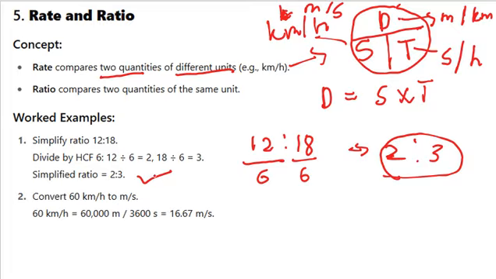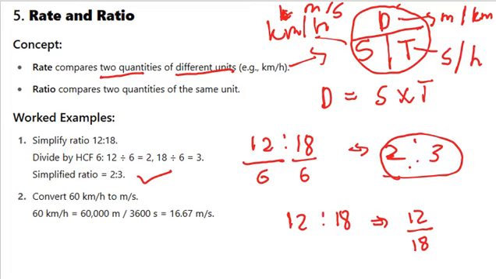Another way someone could do this is to go to your calculator. One thing you must know, Lungile, is that this ratio can be written as 12 over 18, more like a fraction.